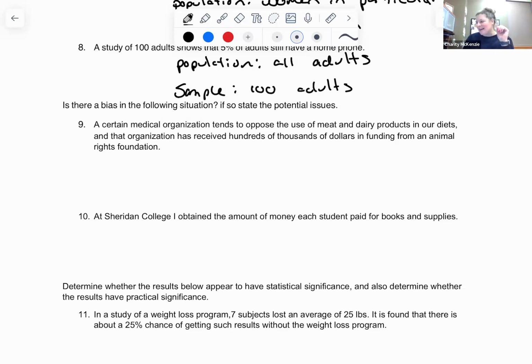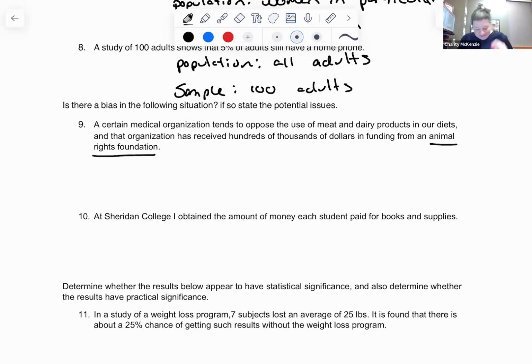Is there bias there? Well, they're opposed to meat and dairy in our diets, and they just got funding from an animal rights foundation. Of course, that's in favor of both of those. I don't really have another context, but it's definitely in favor. We could add more questions, but definitely a potential issue there because you're getting the money from here.